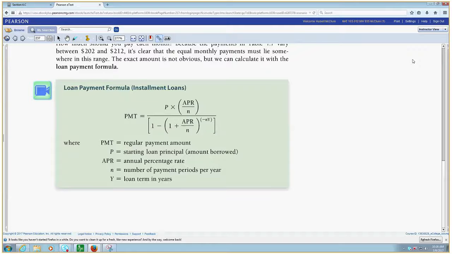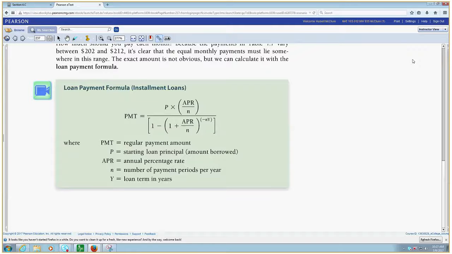So what I do is I switch that and I write payment is equal to P times R over N, and then I flip the bottom: 1 minus, and I put 1 over 1 plus R over N raised to the NT power.